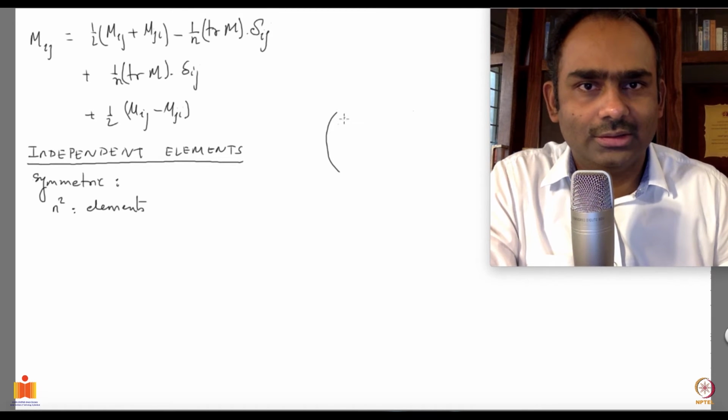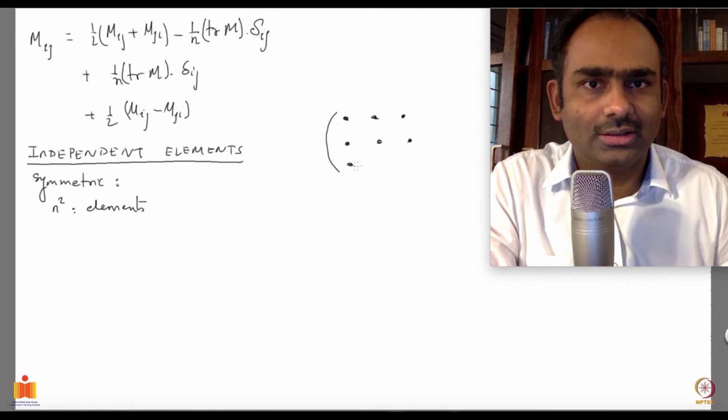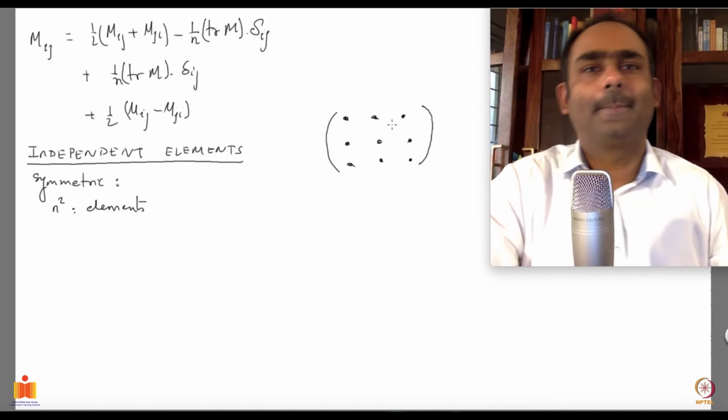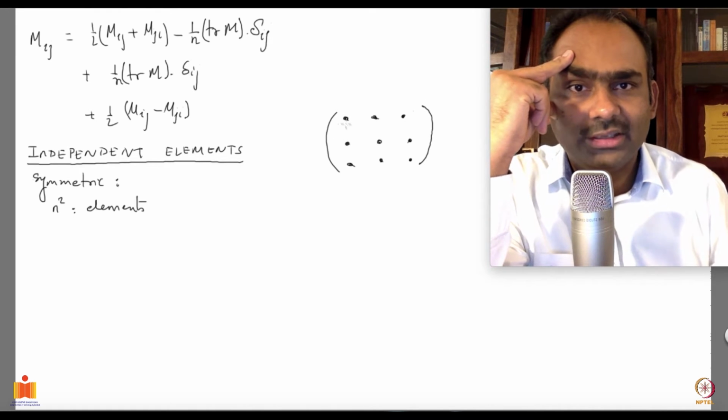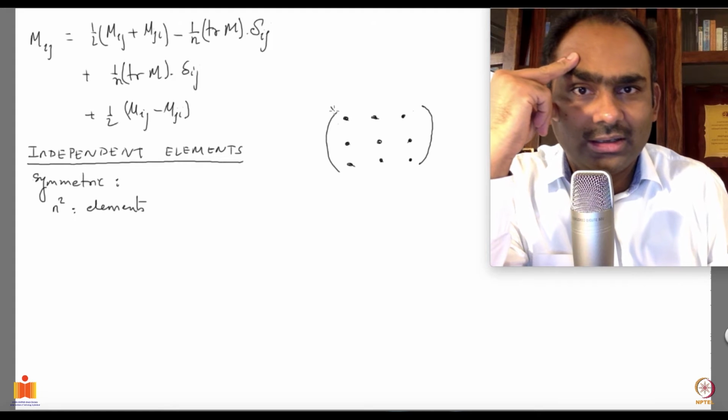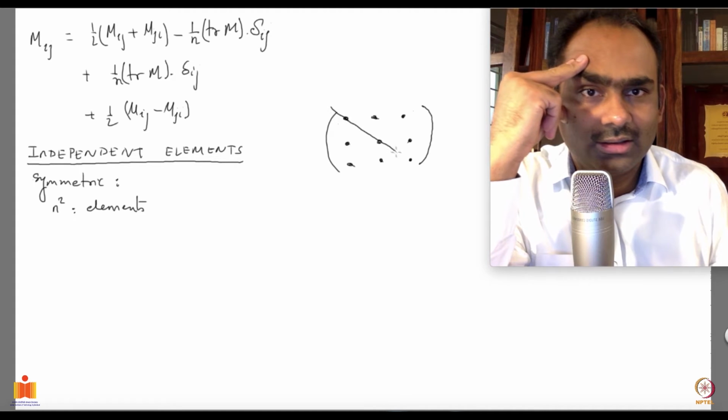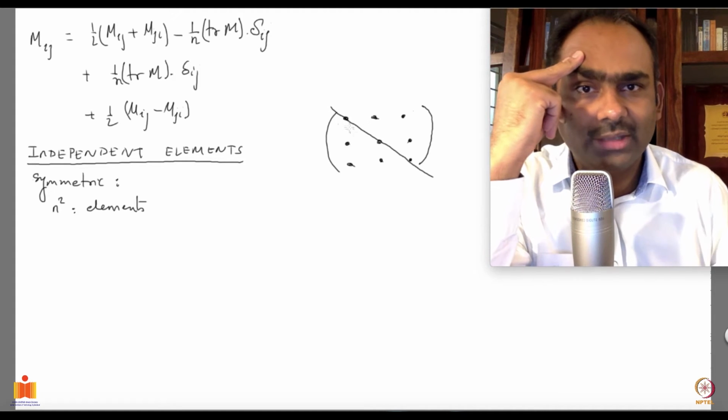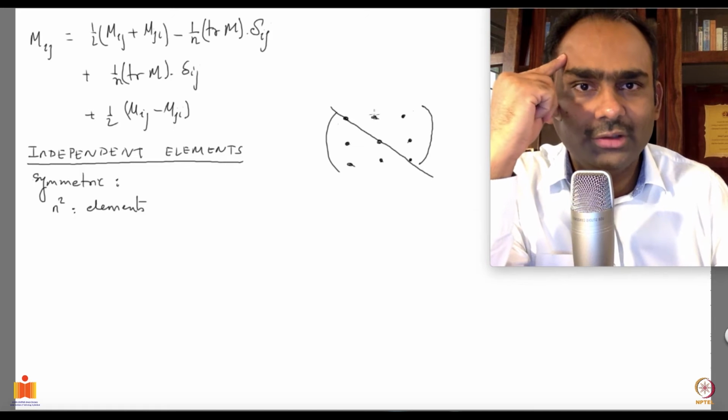Let me write down. So you have something here, let's say a 3 cross 3, just for the sake of explanation. Okay, you have some entries at all these places. Now if this is symmetric, which means apart from the entries on the diagonal, whatever you have above, the same thing you have below.